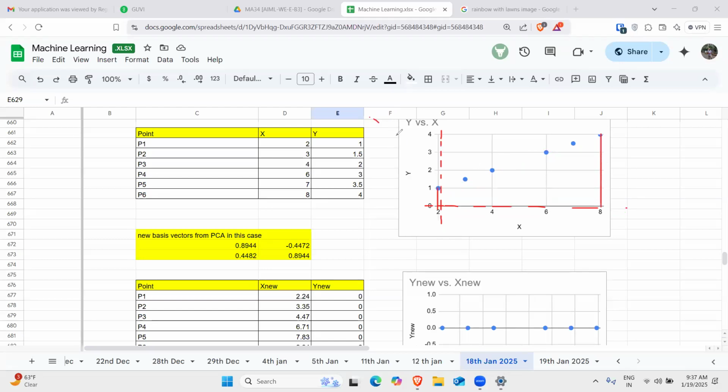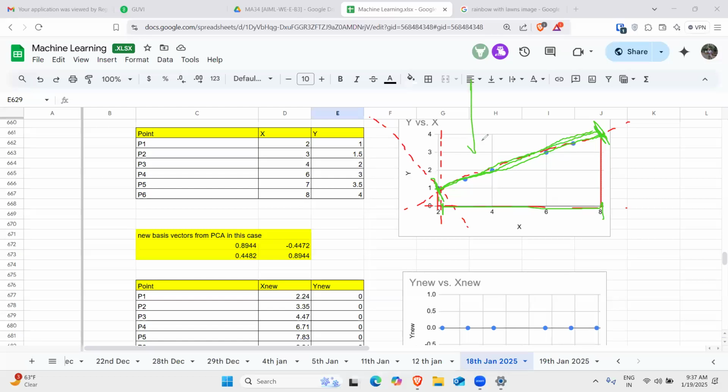But if I change the basis to this vector, my variance is increasing from this to this. So which one is high? Obviously, the hypotenuse will always be high, right? So this is high, no?